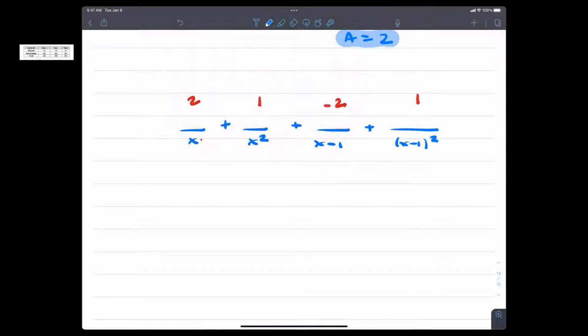So that integral really is what you see here. 2 over x, 1 over x squared. I'm going to say minus that 2. Okay, and you get plus that 1 there.